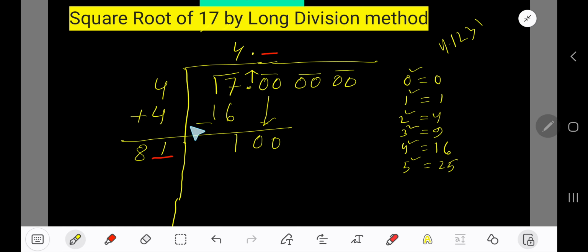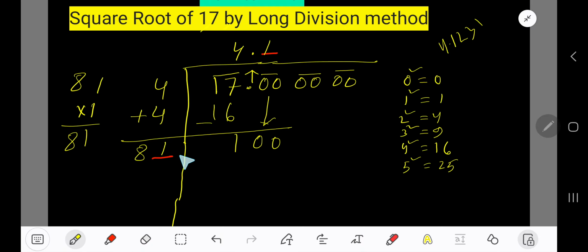So 1, the same digit will come here. So now you need to multiply 81 times 1, then 81. This 81 product is nearest to 100.